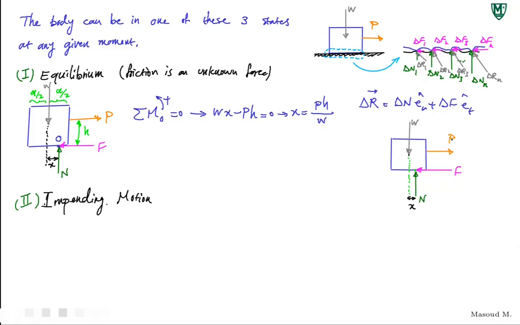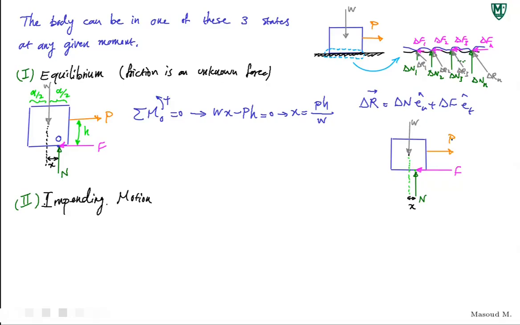As you increase P, obviously F is also increasing because your box is not moving. This force F is still strong enough to overcome the P force to make sure that the box is not moving. Friction is always trying to stop the motion, so it keeps increasing until at some moment F reaches a certain maximum value.